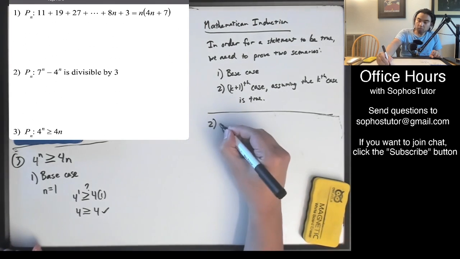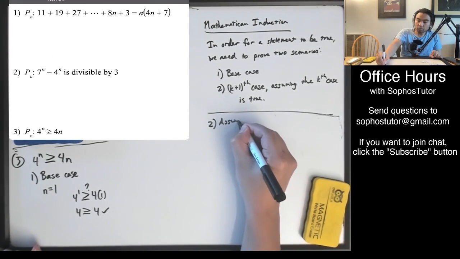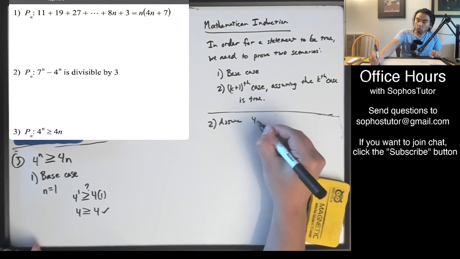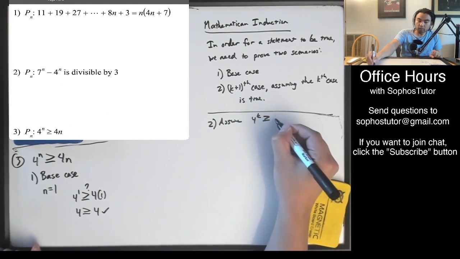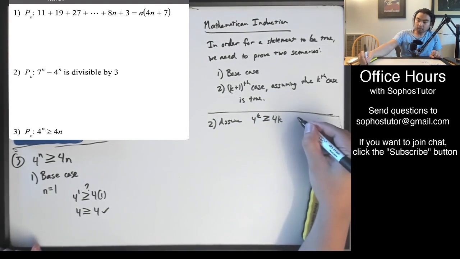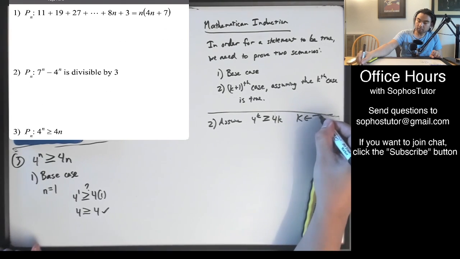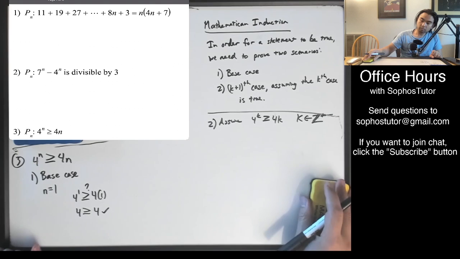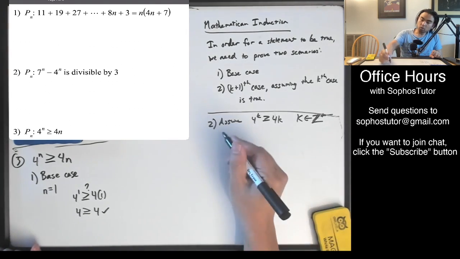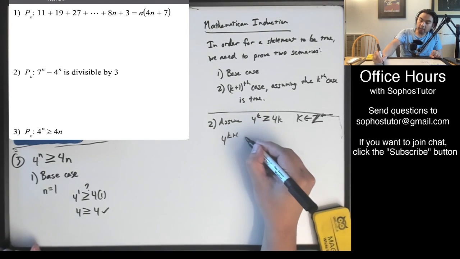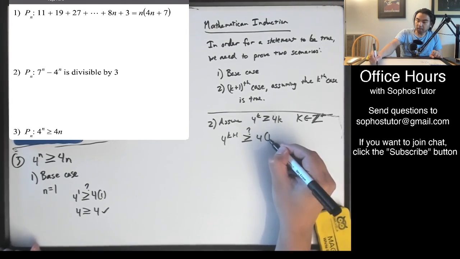So now we're going to assume that 4 to the k is always greater than or equal to 4k, given that k is an integer. And we'll say it's a positive integer. So now, is 4 to the k plus 1 always greater than or equal to 4 times k plus 1?